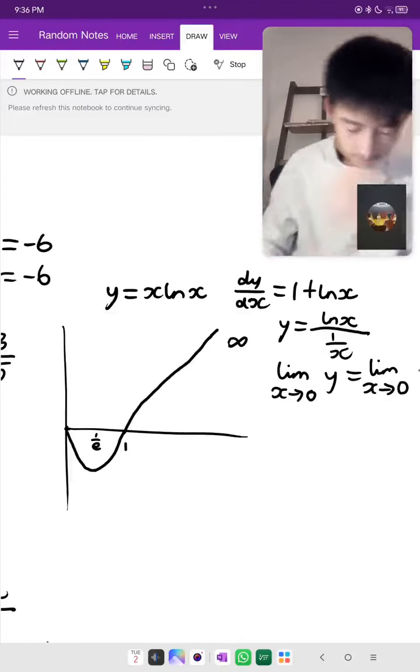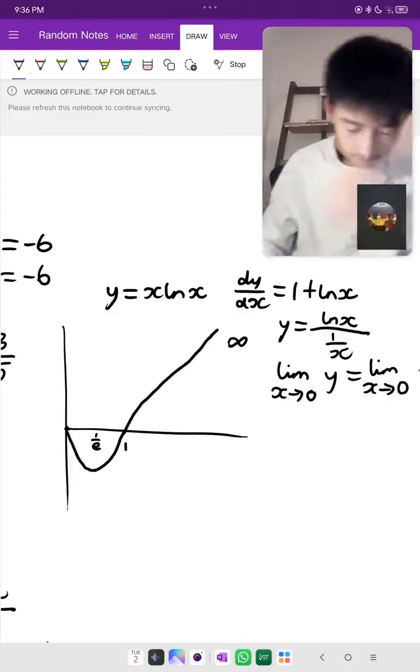Integrate and differentiate x ln x. Well, I've just differentiated it. I guess it's time to integrate it. So the integral of x ln x, I probably want to use parts. So this is going to be x squared over 2 ln x minus, no, what am I doing?